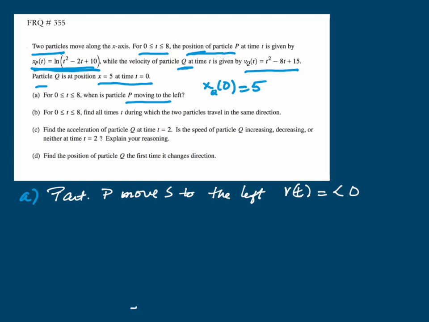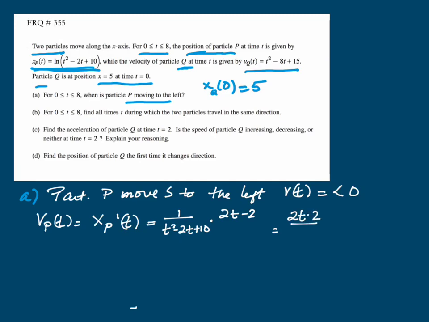So v of P at t is equal to the derivative of the position function of P at t, which, if you take the derivative of the ln function, is 1 over t squared minus 2t plus 10 times the baby, which would be 2t minus 2. Chain rule there. So you get 2t minus 2 over t squared minus 2t plus 10.